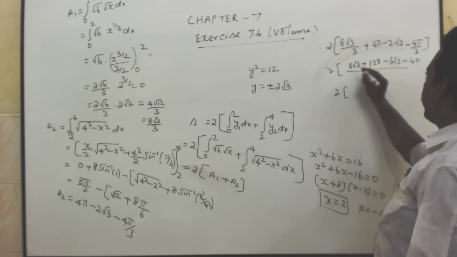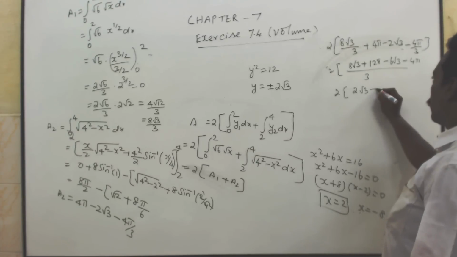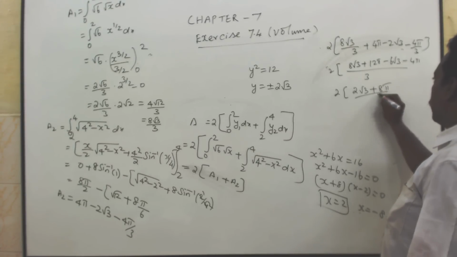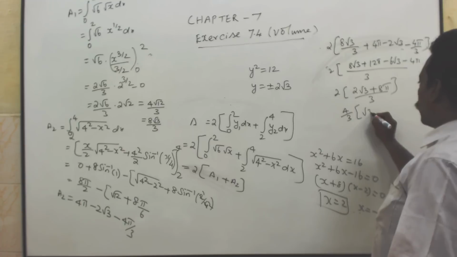So 8 root 3 minus 6 root 3 is 2 root 3, and 12 pi minus 4 pi is 8 pi, over 3. 2 is common, therefore the area is 4 by 3 times root 3 plus 4 pi.